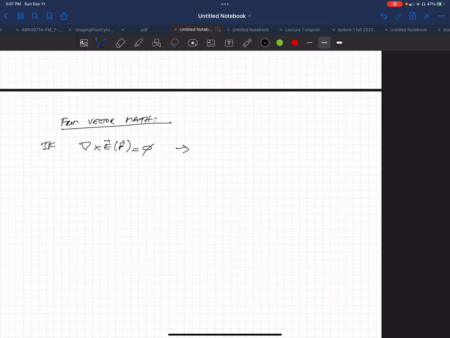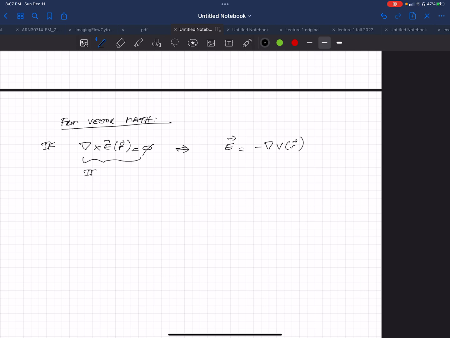This is not just for the electric field: anytime you have a vector field where the curl of the vector field is equal to zero, then you can define the vector field as the gradient of a scalar field. In this case, we call that V or potential.